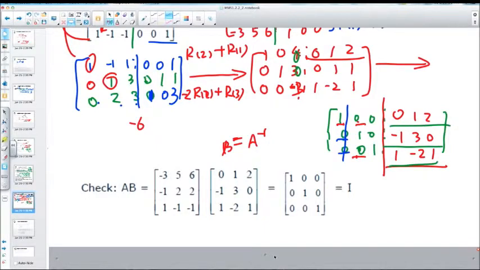So to check, you just multiply, and the 3, 5, 6, 0, negative 1, negative 1, let me check at least 1. 3 times 0 is 0, 5 times negative 1 is negative 5, negative 5 plus 6 equal 1. This is good. And then you can check out the element. Then you find the inverse. Well, I wish I could go all the way to the detail, but I'm afraid somewhere I could mess up a little bit.